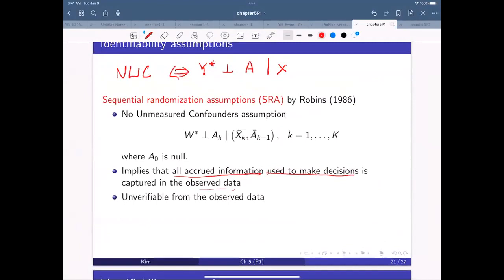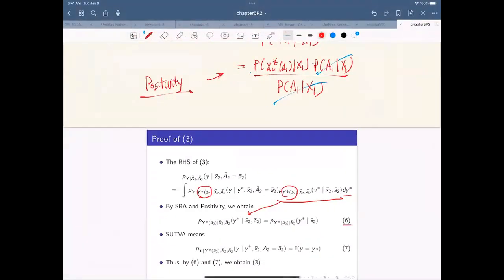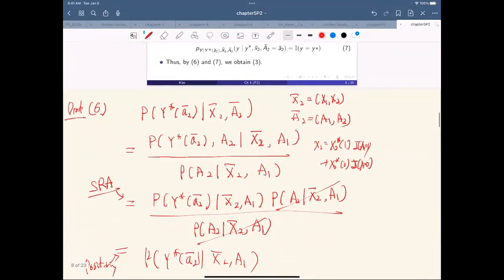It does not include A. So this is A2, then this is X bar A1, right? X1 is a function of A1. X2 bar is not a function of A1. X2 actually is a function of A1 because X2 is a realized one where X2 star is the potential outcome. Yeah, but in your equation 6, you do not have A1.